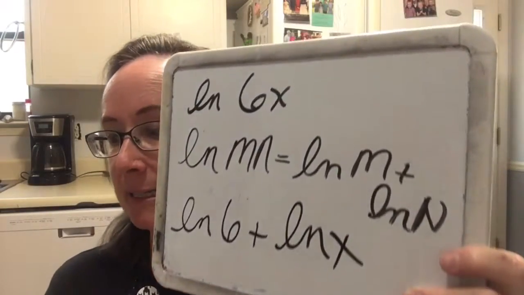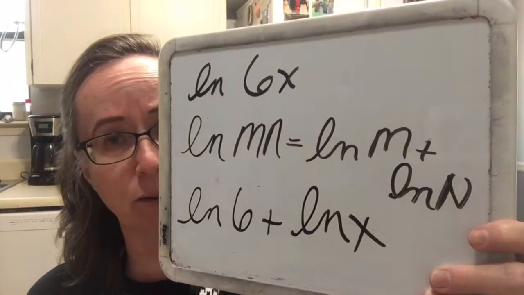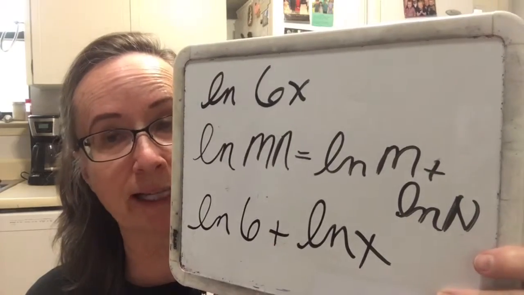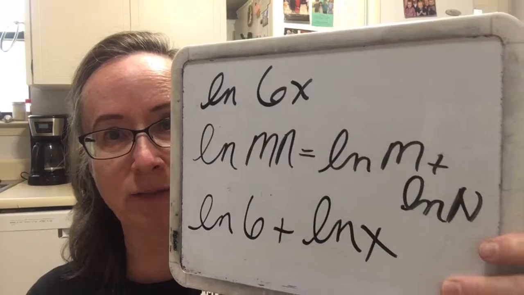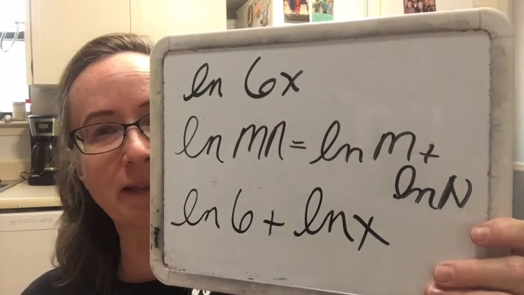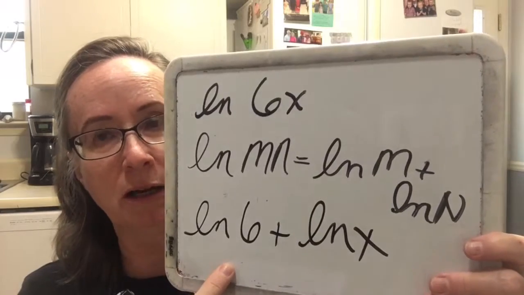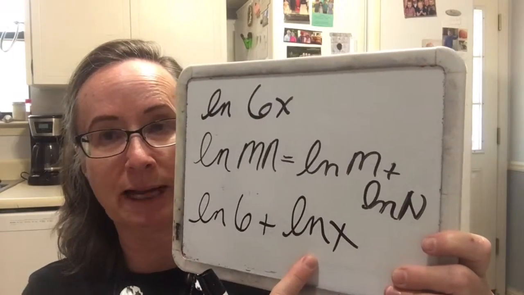Now that is the exact answer, and we always want to have exact answers unless we are told specifically to approximate. So that's the end of that one. There's nothing more that we have to do because the only thing we could do is go to the calculator and get an approximation for what natural log of 6 is, but we can't do anything with the natural log of x. We're done with that one.